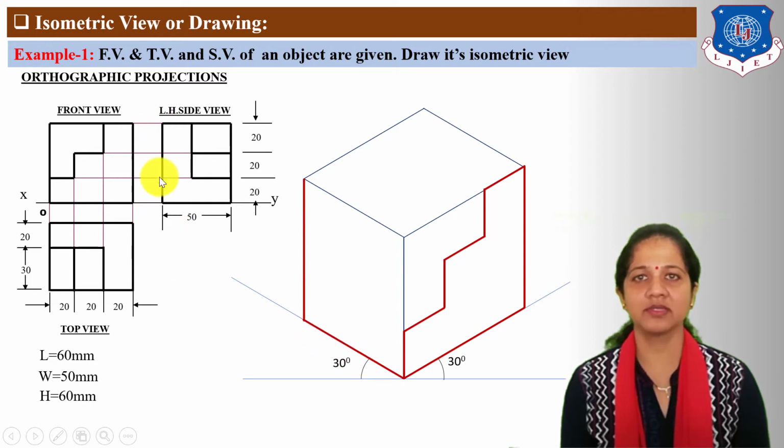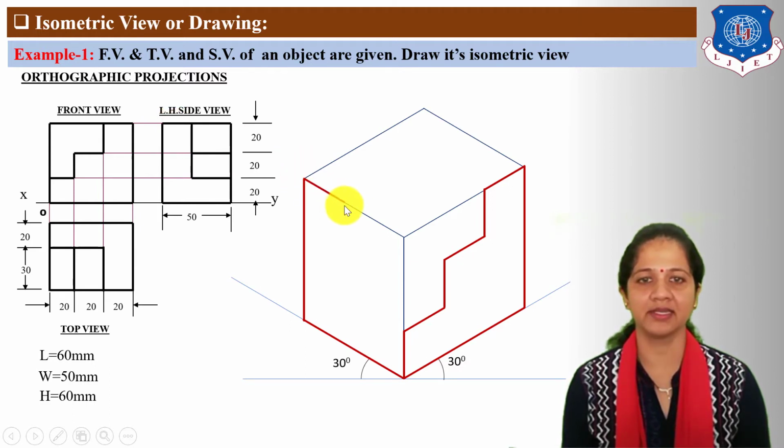Next, draw a 60 mm height line. Next, draw a 20 mm line parallel to the width line. Next, draw a 40 mm line parallel to the height line. And next, connect these 2 points. The size of this width line is 30 mm.